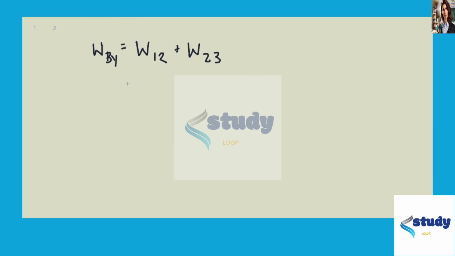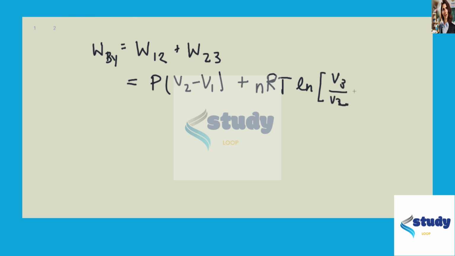And so for 1 to 2, the work is P times V2 minus V1. And then for the isothermal process, where volume changes, it's nRT ln of V3 over V2, in general the final over the initial, which is the area under the curve of a 1 over x, if that's meaningful to you.